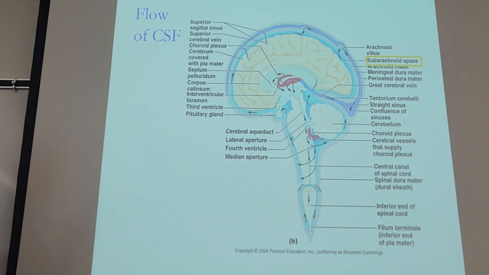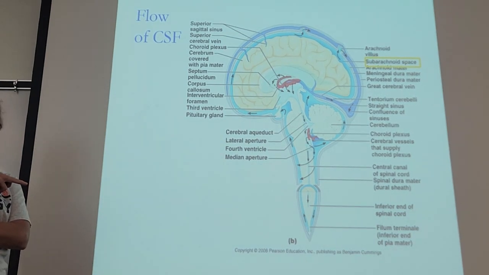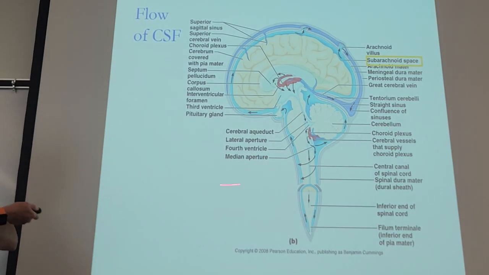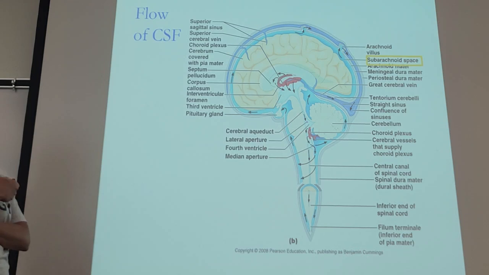So the brain does not need a lymphatic system to drain its fluid. It uses this technique. It uses arachnoid villi, which take that fluid and throw it into the sinuses.